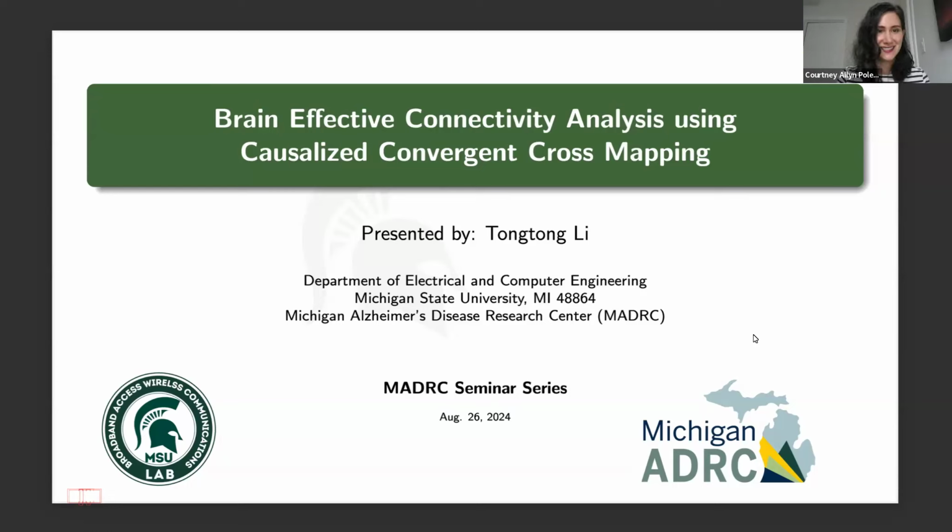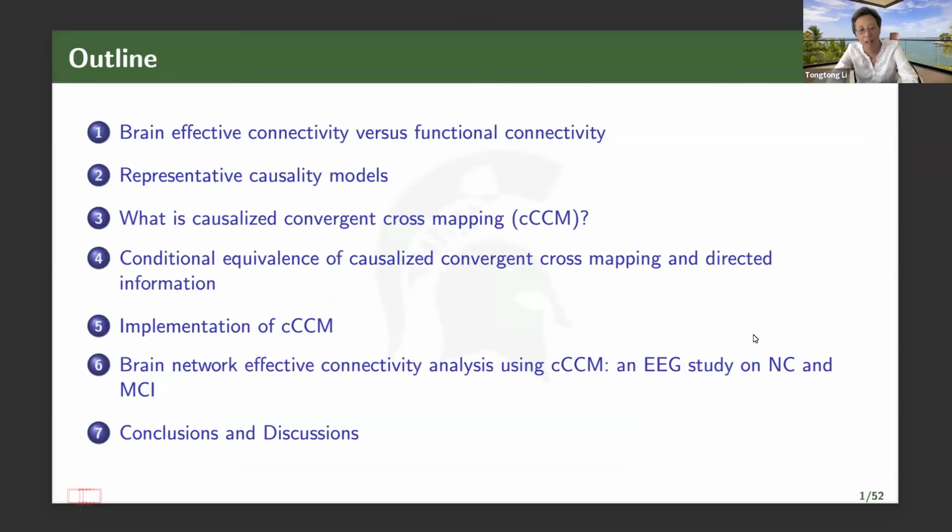Thank you, Courtney, for the nice introduction. It's a pleasure to be here today to share some of our work with the colleagues and get your feedback. I will first introduce the difference between effective connectivity and functional connectivity. Then we'll look at some representative causality models, and then we'll introduce causalized convergent cross-mapping and show its conditional equivalence with the directed information causality framework.